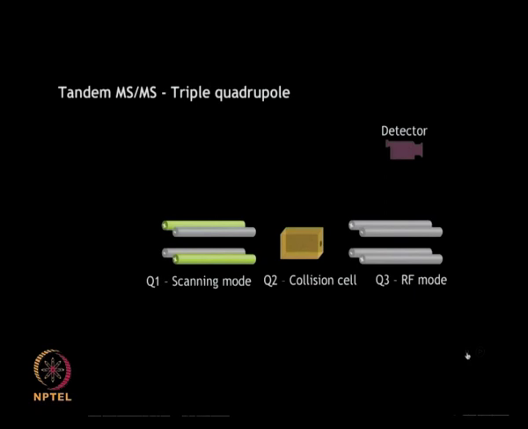The triple quadrupole consists of two sets of parallel metallic rods interspersed by a collision cell. The first quadrupole scans the ions coming from the ionization source and allows only ions of a particular m by z ratio to pass through.